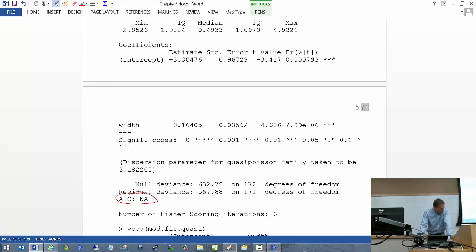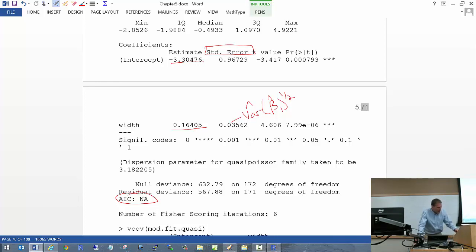My parameter estimates, and this is shown on page 572, are exactly the same as what we had with our original Poisson regression model. What has changed is the standard error column. The estimated square root of the estimated variance of beta hat 1 is now 0.03562.